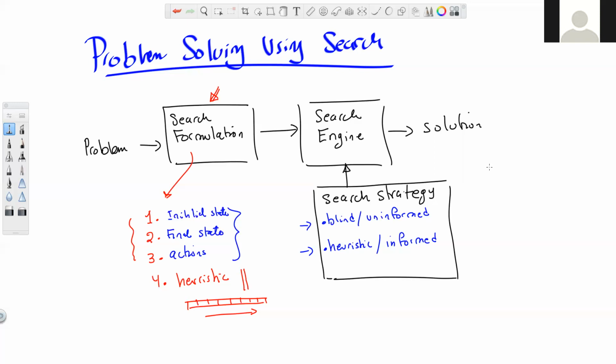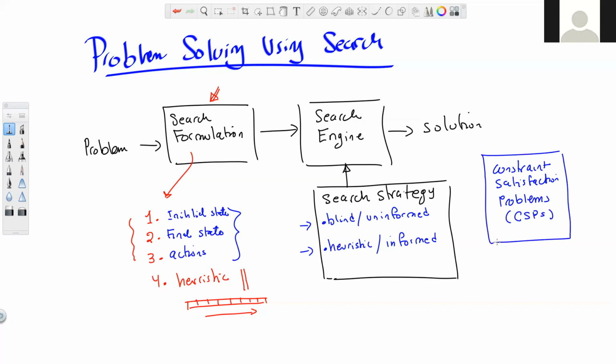Those are known as constraint satisfaction problems, or CSPs. They get their own special treatment, so we'll actually end up dedicating a lecture for those. Again, because they're specific, they allow us to do things more specialized on them, and they're very important practically.